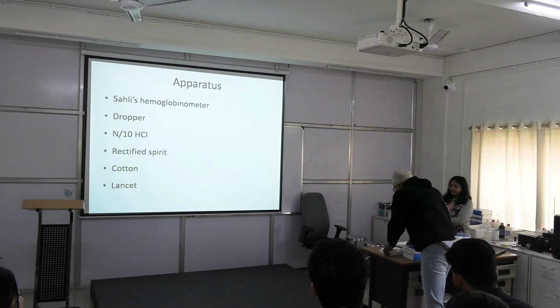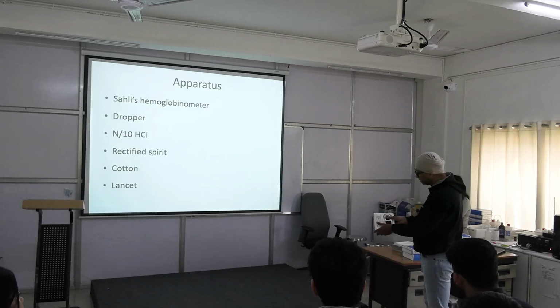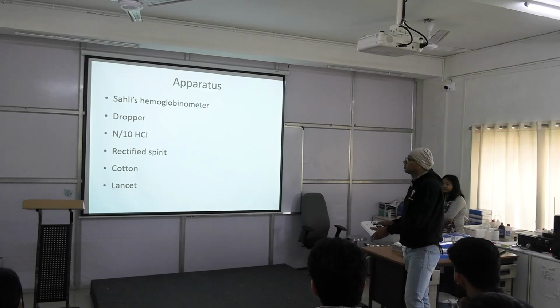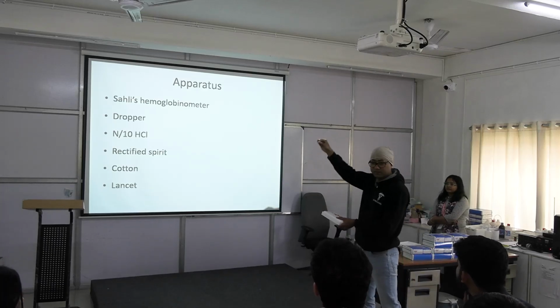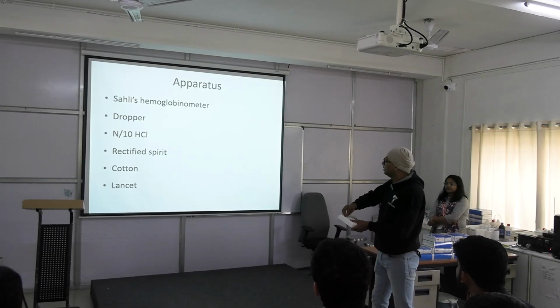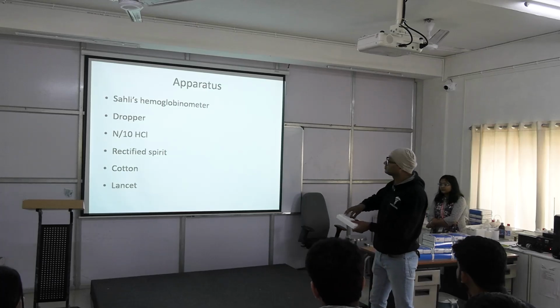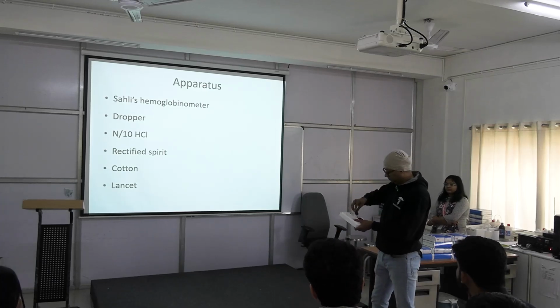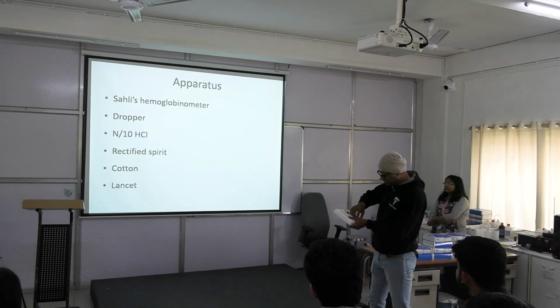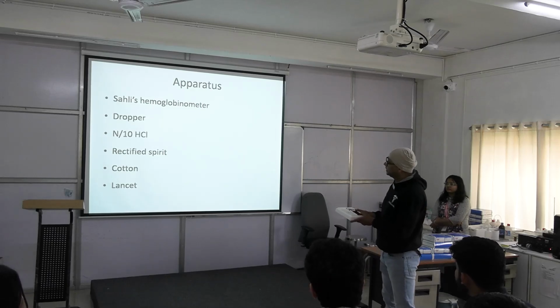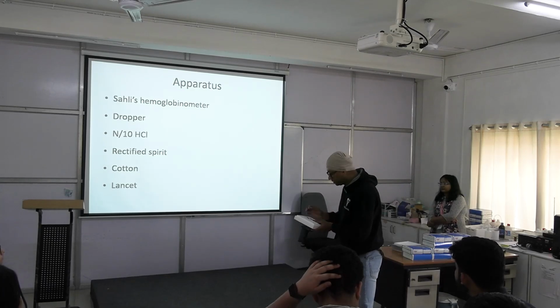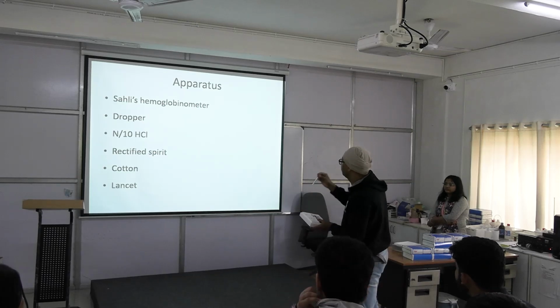And what is inside this box? See this, what is inside this box? First a dropper, N/10 HCl, and Sahli's hemoglobinometer, this one is Sahli's hemoglobinometer. Spirit, cotton and lancet, and a hemoglobinometer tube.